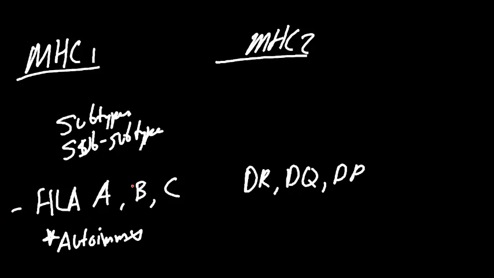So we have these different types. So we can have HLA type A, HLA-B, HLA-C, DR, DQ, DP. And then further we could have HLA-B7, we can have HLA-B8, we can have B27, and a whole bunch of different things. So let's talk about some of these.